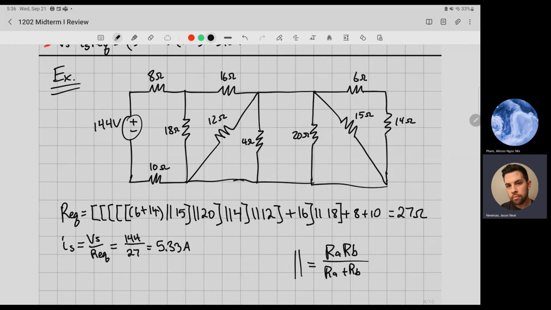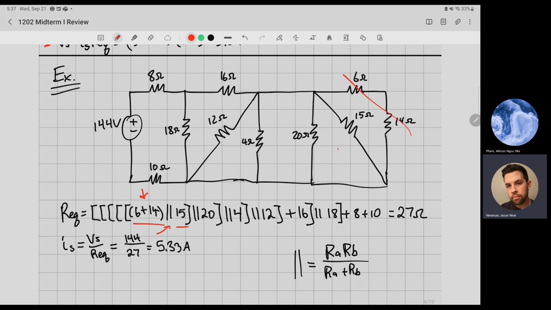Yeah, so the way this one would work, let me just try to real quick run through this. So we're starting from right here because it's the innermost parentheses. So this one right here. So 6 is in series with 14, right? And then once you get that amount, it's going to be in parallel with 15 right here. So you calculate this, and then you get rid of that.